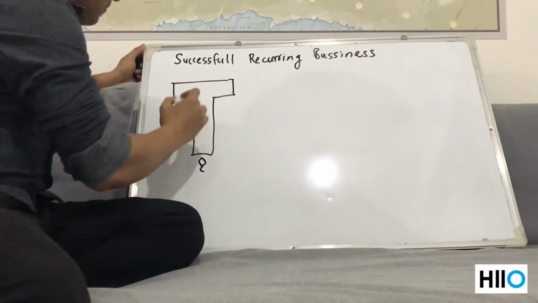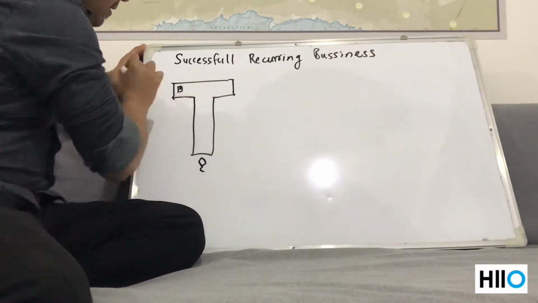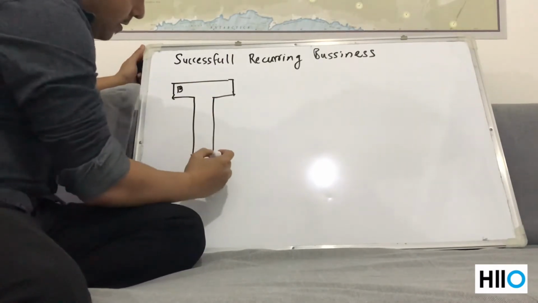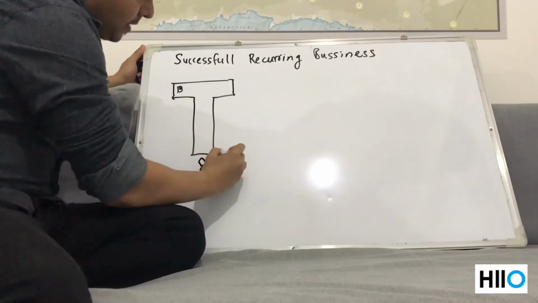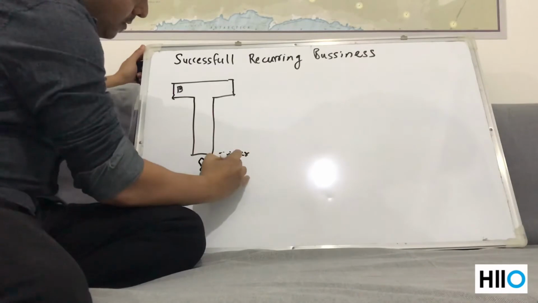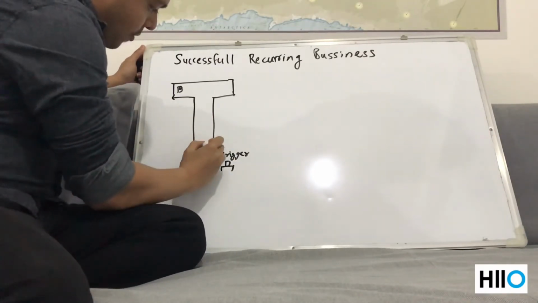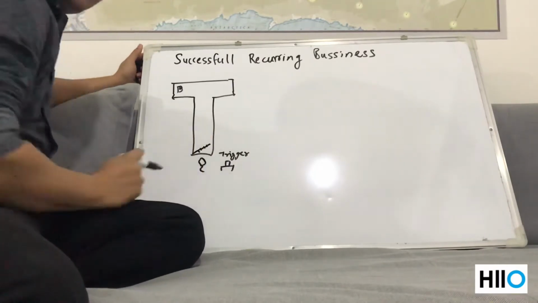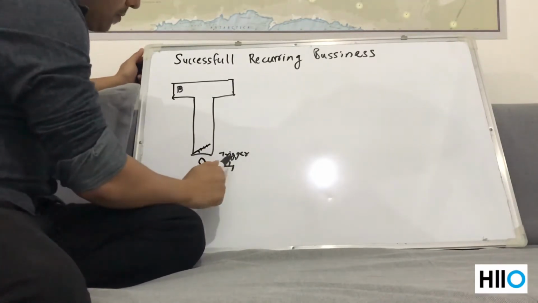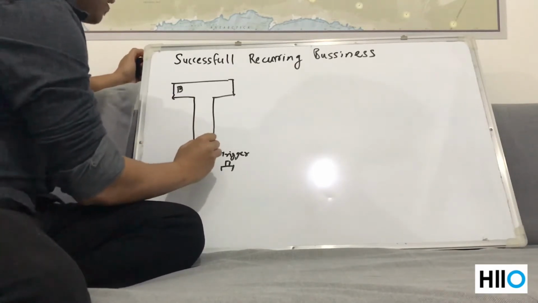And you have a piece of cheese here. Now, when you press this trigger, it opens the door and then the mouse goes inside.